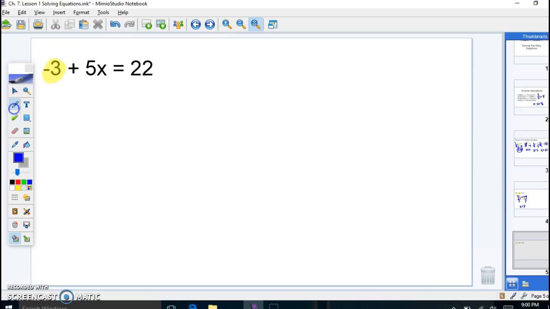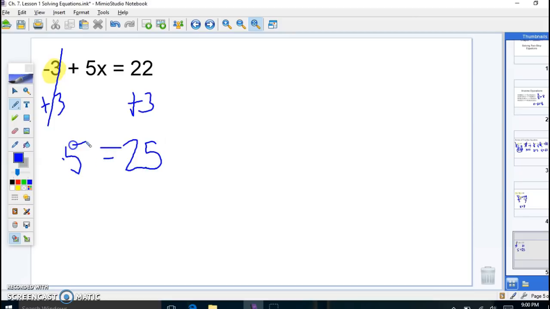So to start with, we're going to add 3 to both sides. Add 3 there and add 3 here. Now the negative 3 with the positive 3 cancels out, and then 22 plus 3 equals 25.